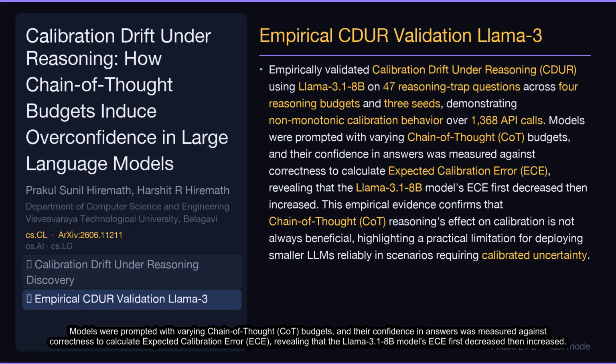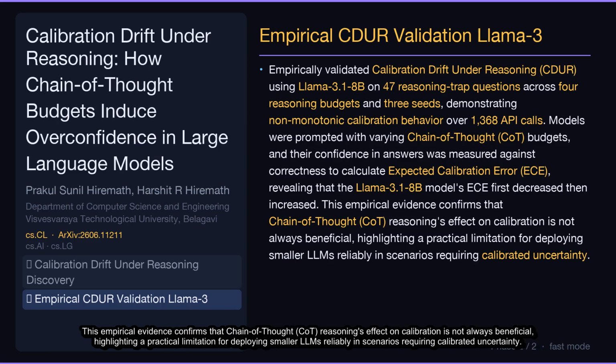Models were prompted with varying chain-of-thought, CoT, budgets, and their confidence in answers was measured against correctness to calculate expected calibration error, ECE, revealing that the Llama 3.1-8B model's ECE first decreased, then increased. This empirical evidence confirms that chain-of-thought reasoning's effect on calibration is not always beneficial, highlighting a practical limitation for deploying smaller LLMs reliably in scenarios requiring calibrated uncertainty.